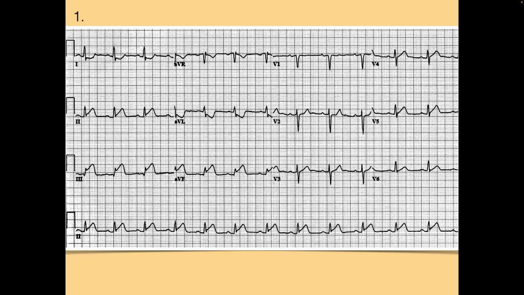It's one of those things that we could argue over. Fortunately, we don't need to because we have contiguous elevation in 3 and AVF. So we've got enough here that gets us into the pathway.